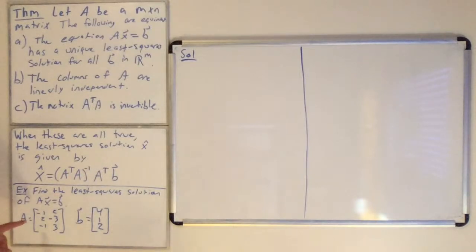All right, so we want to first show that the columns are linearly independent. How do we know that the columns are linearly independent?